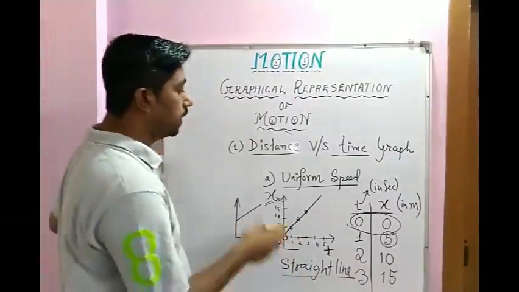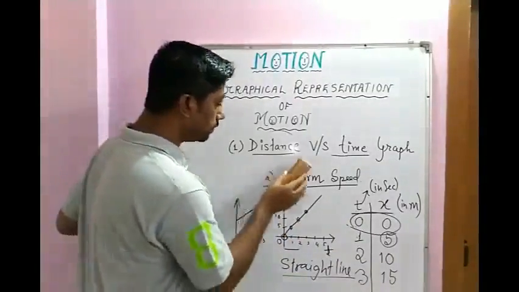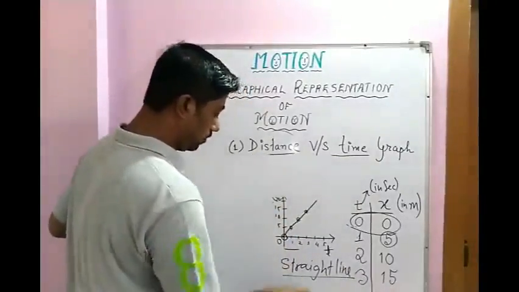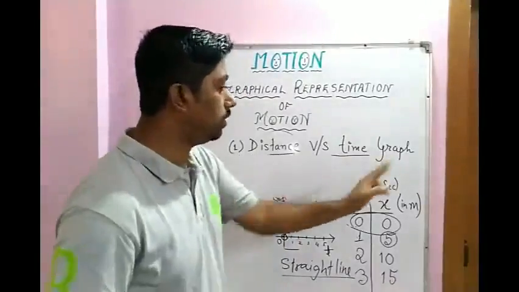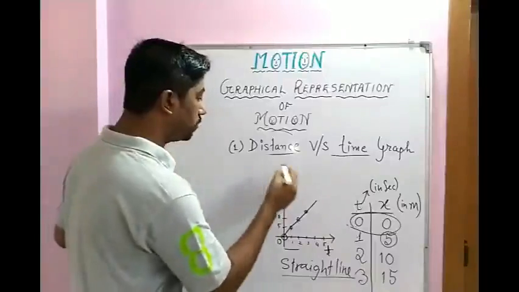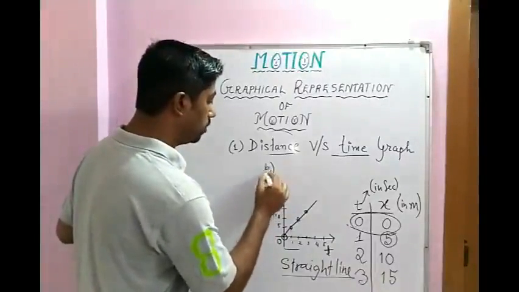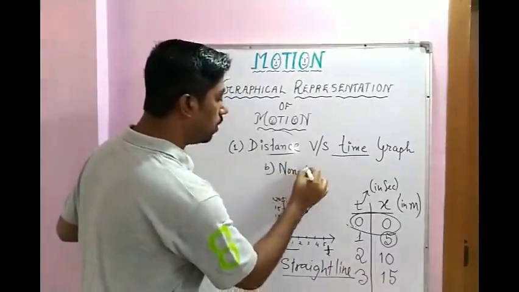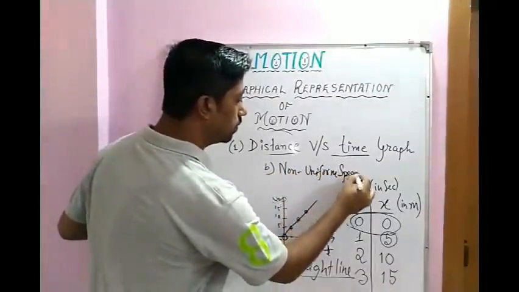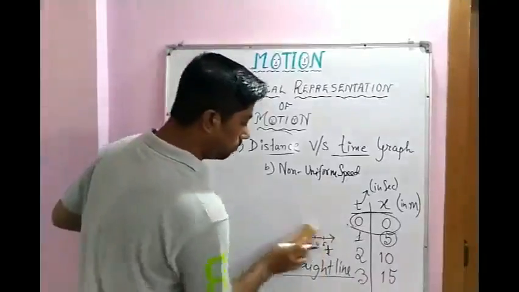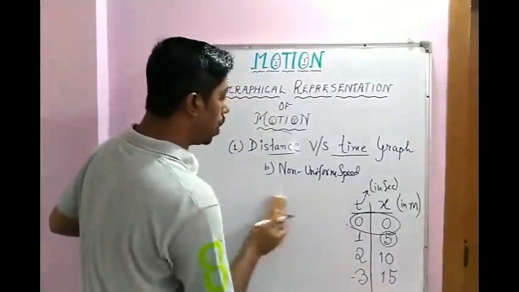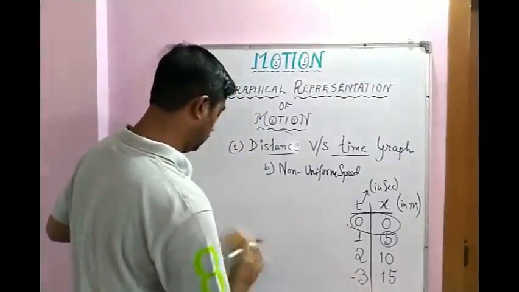Okay. There is one more case. Under this particular distance versus time graph heading, one more case we may have: moving with non-uniform speed.